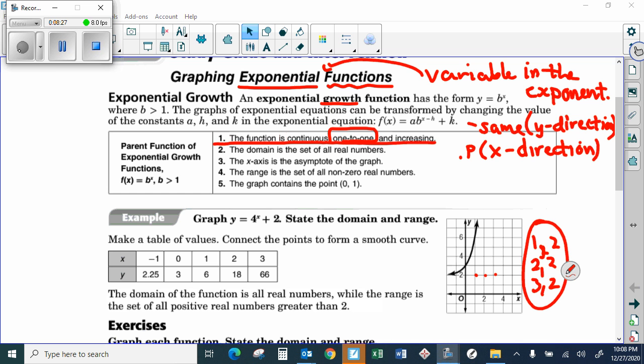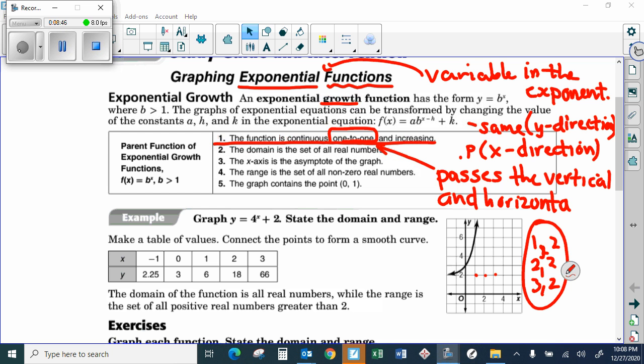So what it means to be 1-to-1 is that it passes, I'm talking about graphically, the vertical and horizontal line test. Let's get rid of all this just so I can write horizontal line test.